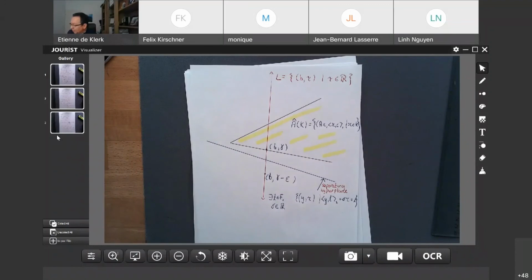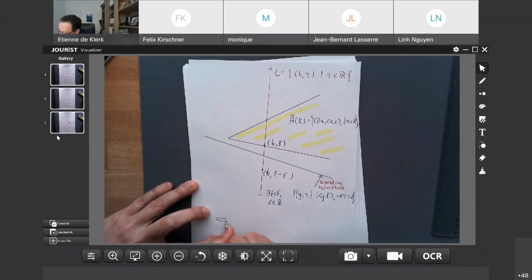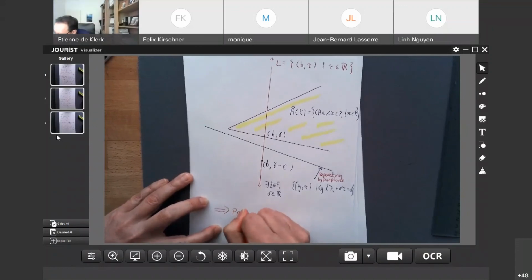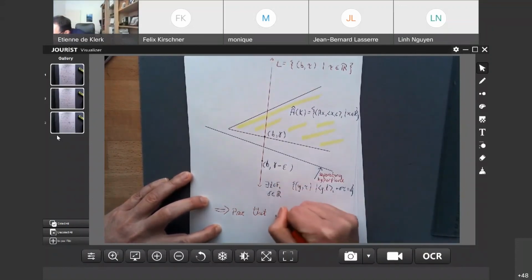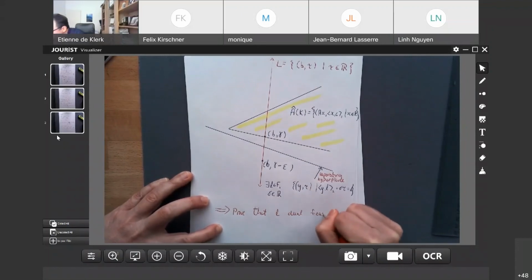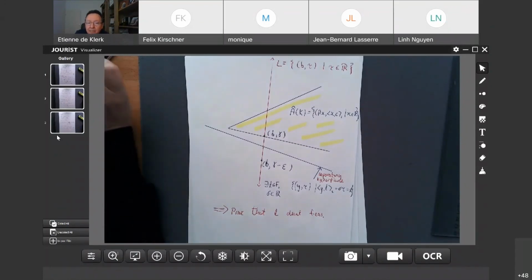Once you are at this point, the whole idea of the proof is to prove that this L part is dual feasible. You show that this L part is dual feasible, and then its objective function value will be within epsilon of the gamma value.